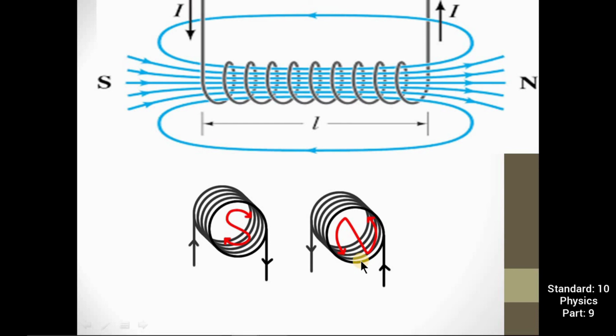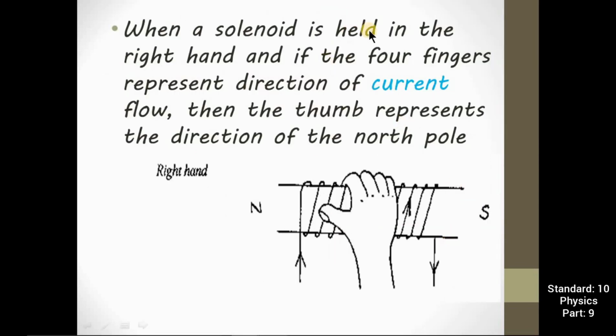There is one more method to identify north and south. That rule is the right hand rule: take the solenoid and hold it with your right hand, and the 4 fingers will represent the direction of current. See in the picture, the direction of current is in the direction of the fingers. Then the thumb will point to the north pole. One method is anti-clockwise direction of current means north pole, and clockwise direction means south pole.